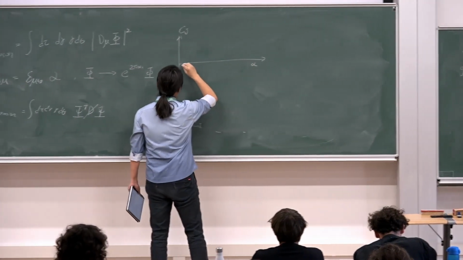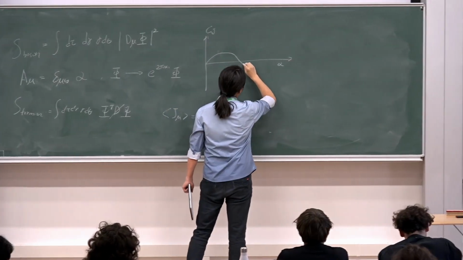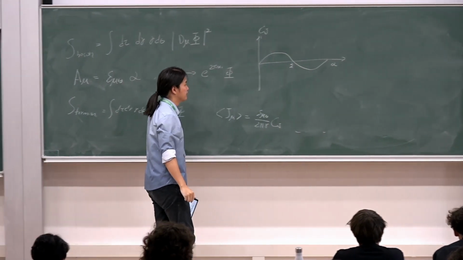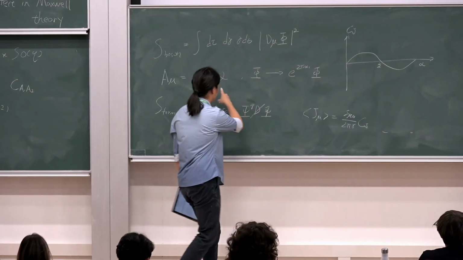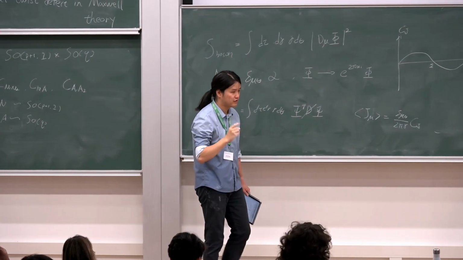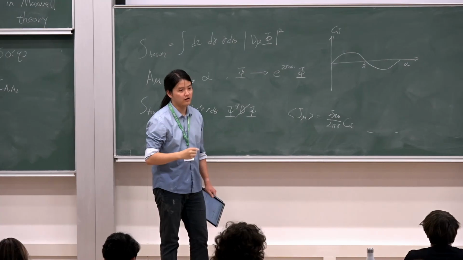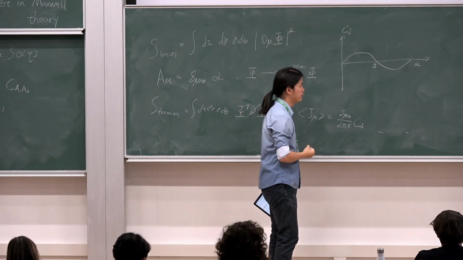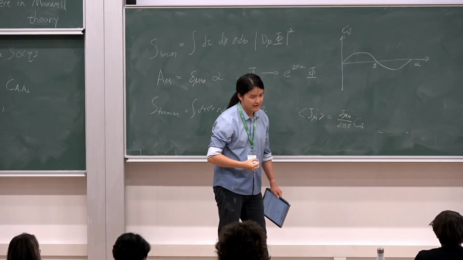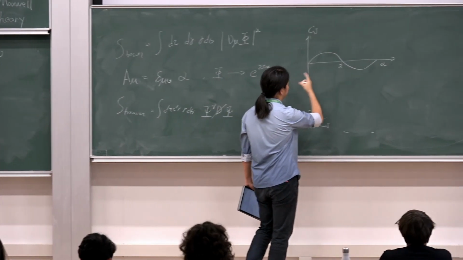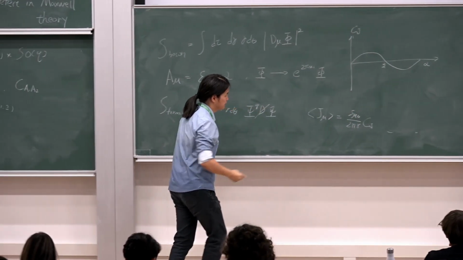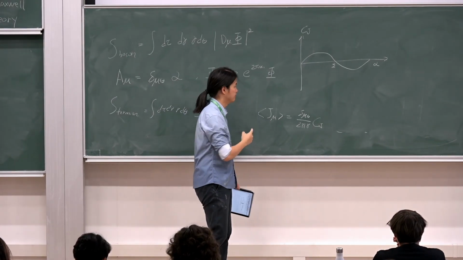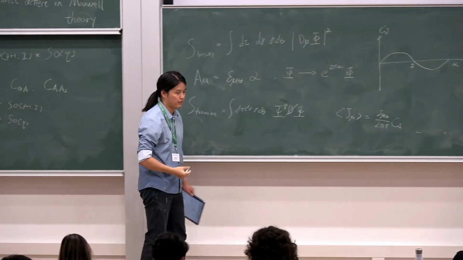There is an IR fixed point such that the current becomes identically 0 at alpha equals 0 or alpha equals 1, which is actually expected. That means you can turn on no flux or half flux. Both configurations would preserve the time reversal symmetry, and that requires the current to vanish identically. Okay, so this is the IR stable fixed point. That's what you would find in your experiments if you create some lattice model of the free boson.